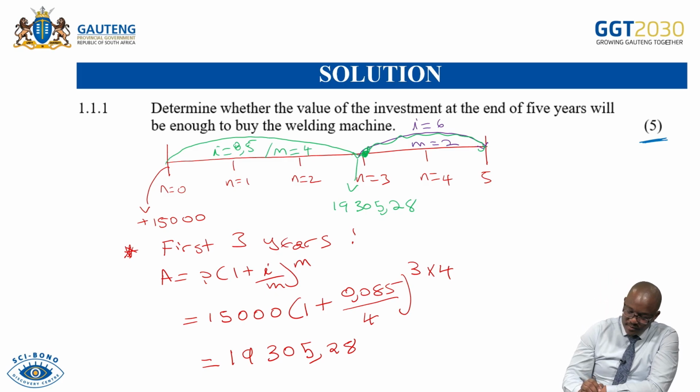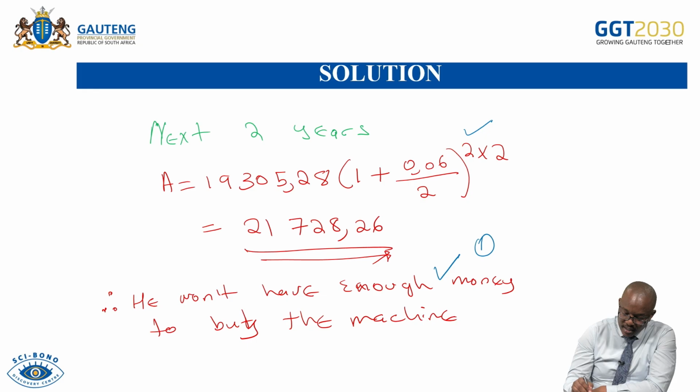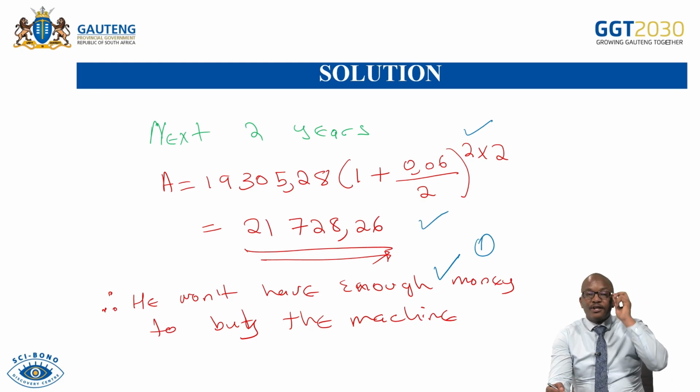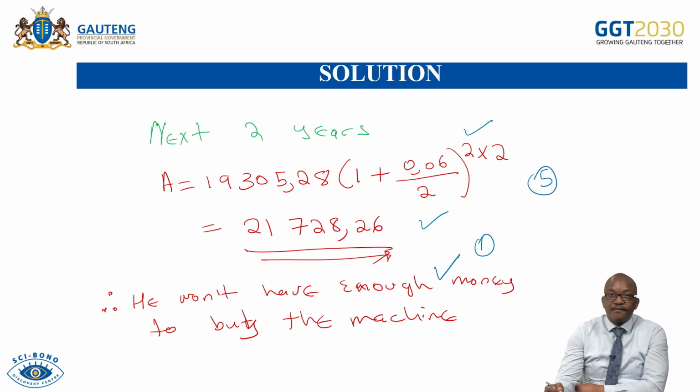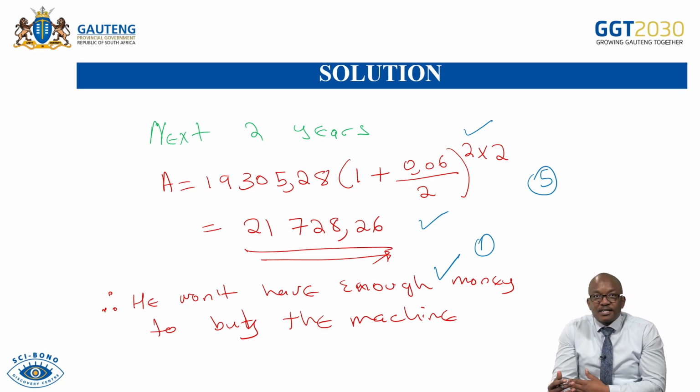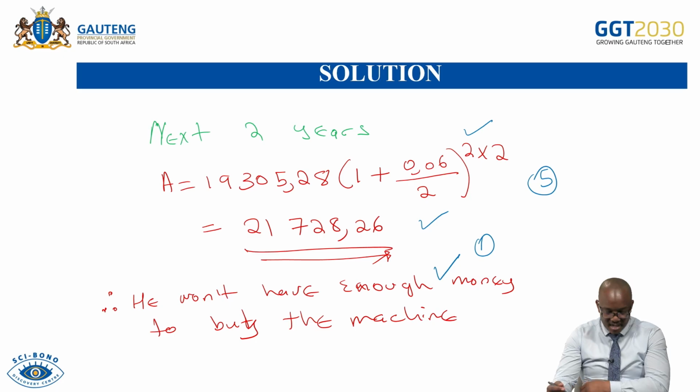So now it means you will get your first 2 marks there, and then also the next 2 marks there. Then with your conclusion, you will have 5 marks. So remember the formula and substitute the correct substitution in the correct formula and the answers. Correct? That's how you calculate this type of question.